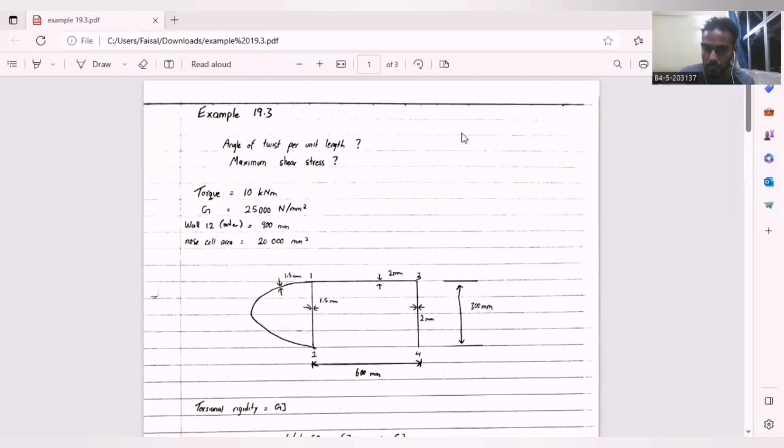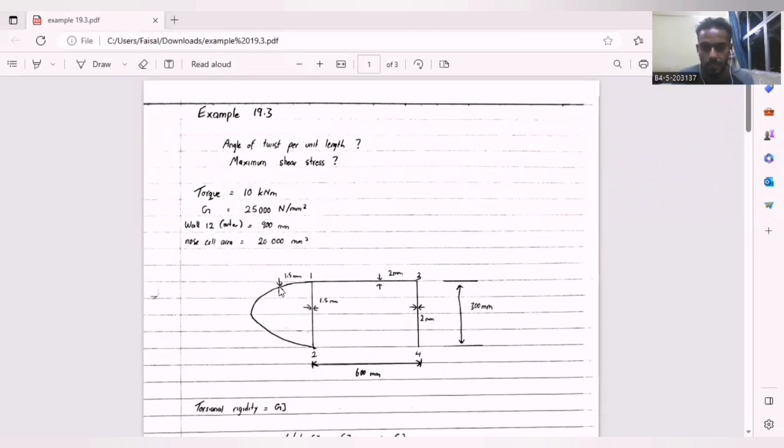The question is about a wing section that is shown in this diagram. The given values are torque of 10 kilonewton meter, and G is 25,000. The wall outer from 1 to 2 is 900 millimeter, and the nose cell area is 20,000 millimeter square.